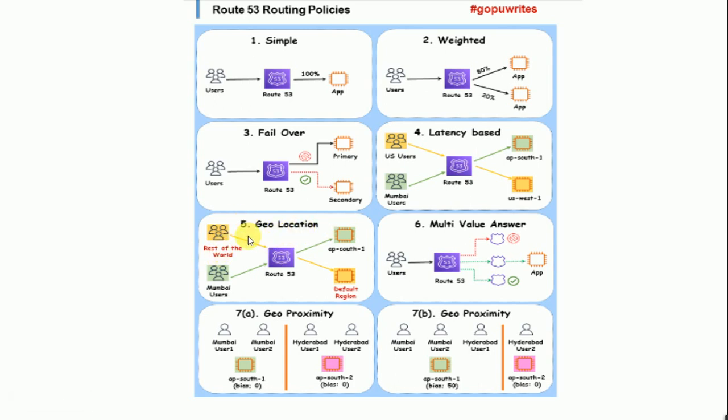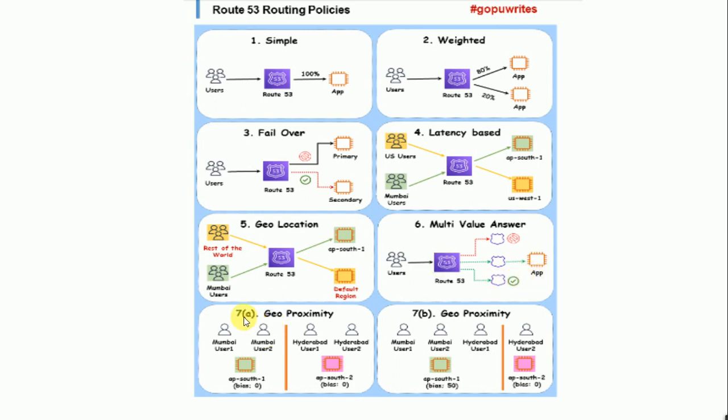Geolocation: the rest of the world gets the default region, and Mumbai users get the response from AP South 1. Multivalue answer: the user queries Route 53, and user 1 gets one location while another user gets a different one.